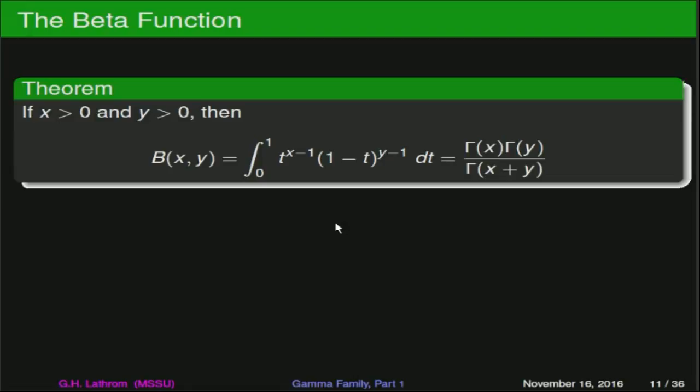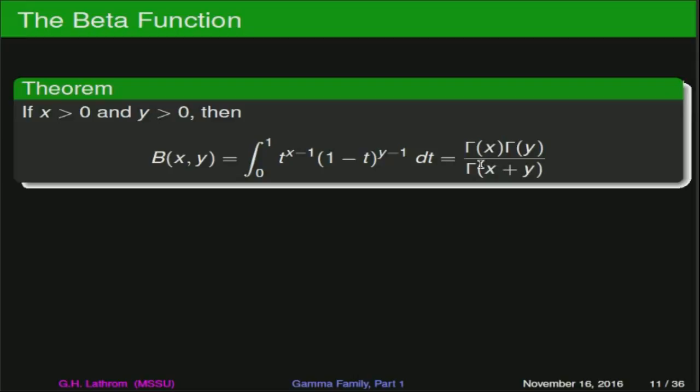So if x and y are positive real numbers, then beta of x and y is defined to be the integral from 0 to 1 of t to the x minus 1 times the quantity 1 minus t to the y minus 1 dt. And as it turns out, that can be evaluated as the quotient of the gamma functions.